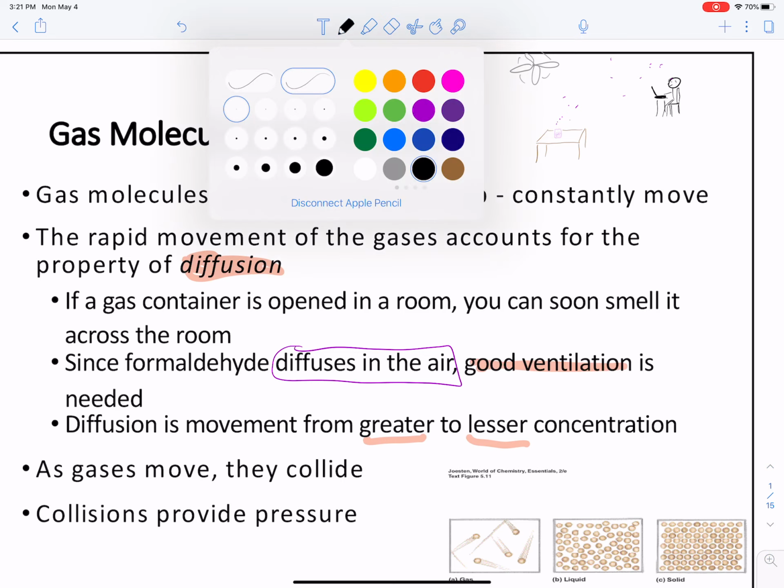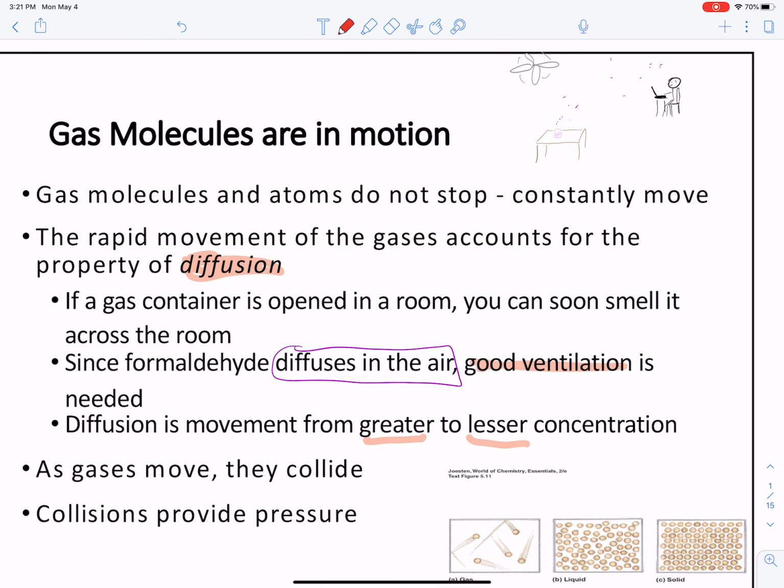So let's think about this. In our little example there, the room has less formaldehyde than the container that contains the formaldehyde.